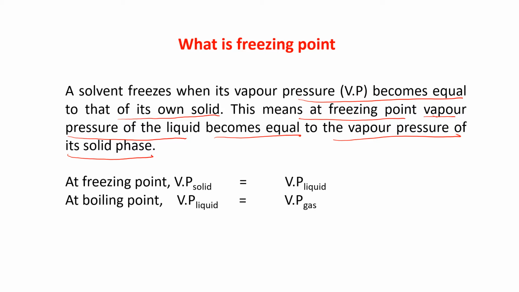So we can say that at freezing point, vapor pressure of the solid is equal to vapor pressure of the liquid. And at boiling point, vapor pressure of the liquid is equal to vapor pressure of the gas.